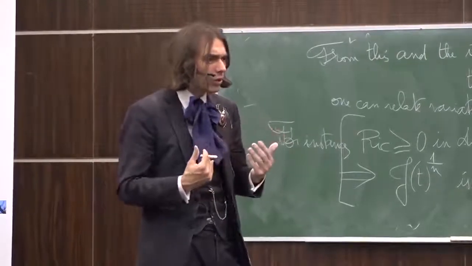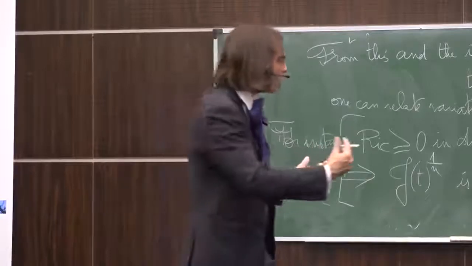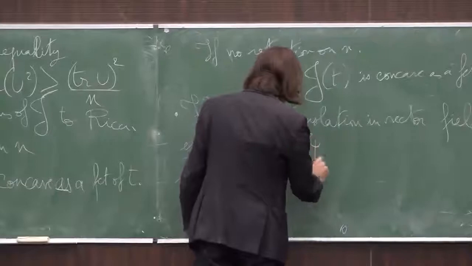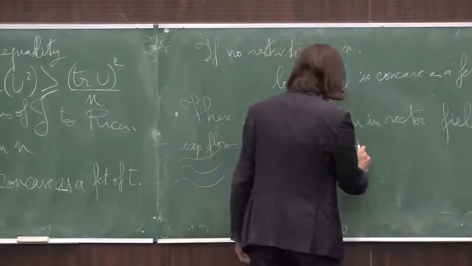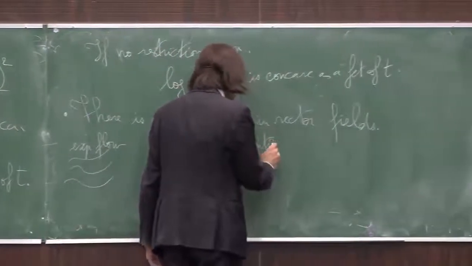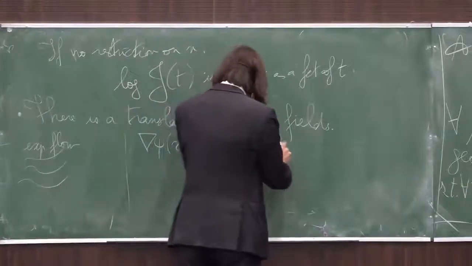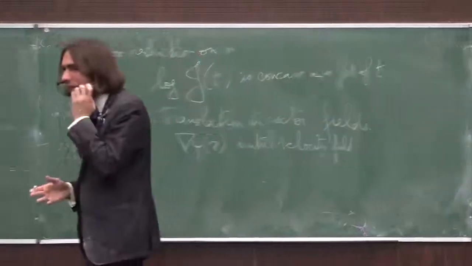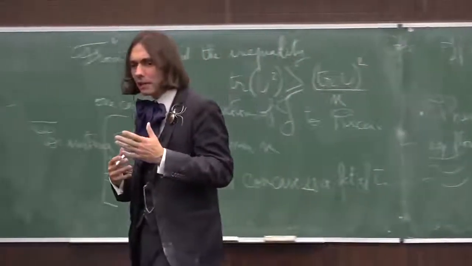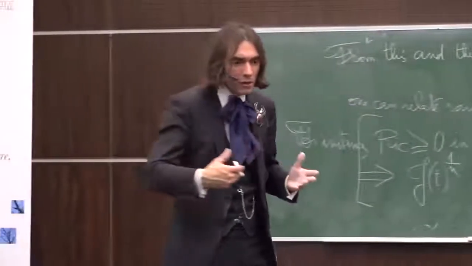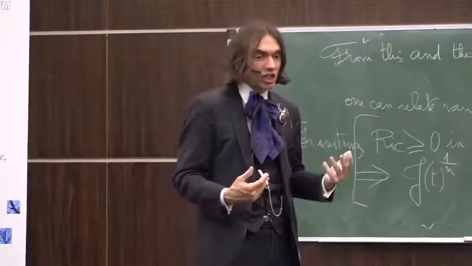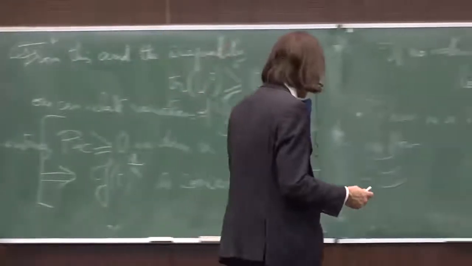So how would we, starting from an initial grad psi of x, initial velocity field, modify this velocity field in such a way that particles following the flow will automatically have geodesic trajectories?